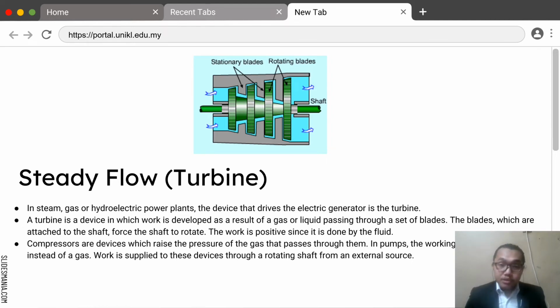The blades, which are attached to the shaft, force the shaft to rotate. The work is positive since it is done by the fluid. Compressors are devices which raise the pressure of the gas that passes through them. In pumps, the working fluid is a liquid instead of a gas. Work is supplied to this device through a rotating shaft from an external source.